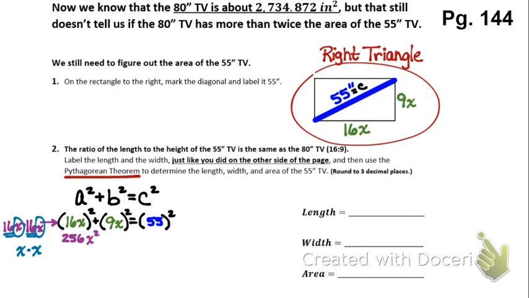Just like 5 times 5 is 5 squared, x times x is x squared. Inches times inches is inches squared. Anytime I multiply something by itself, it's that thing squared. So talk to me about the 9x that I'm taking and squaring. 81x squared.